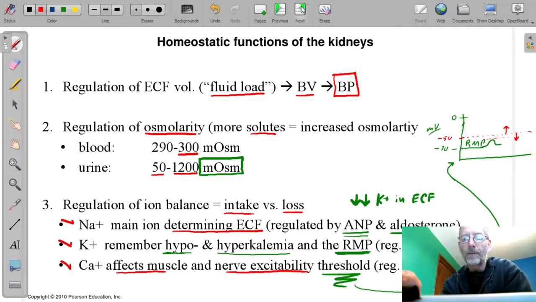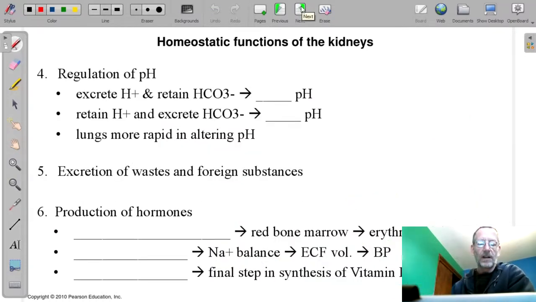Okay, next slide. Several more functions for kidneys. Regulation of pH is very important. And the kidneys do this by absorbing or excreting hydrogen and bicarbonate ions. So the 3's on the bicarbonate were supposed to be subscripted.